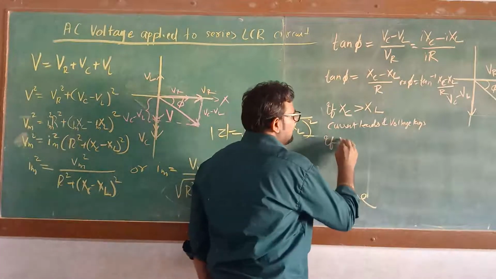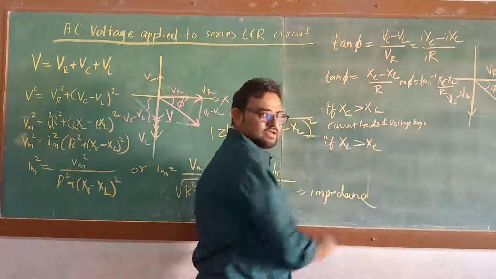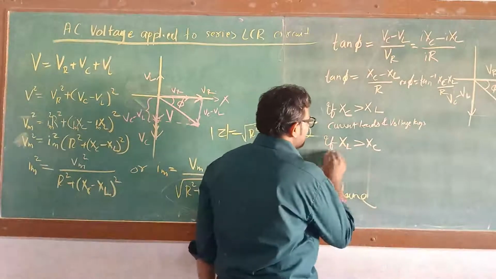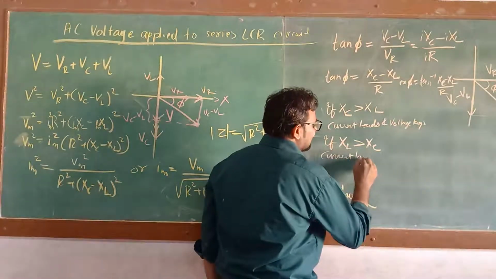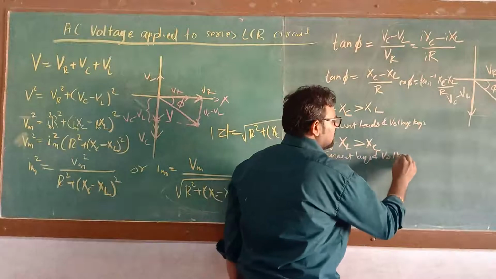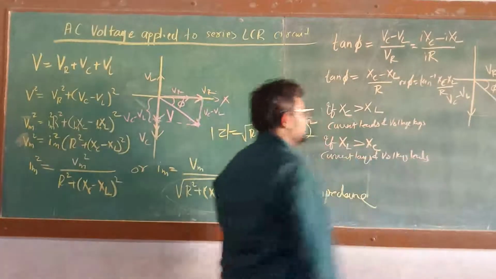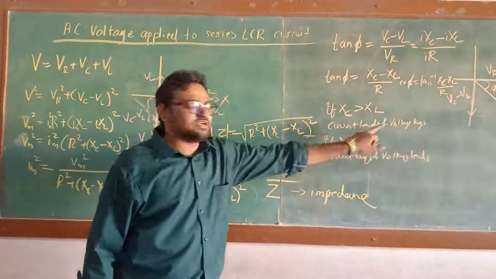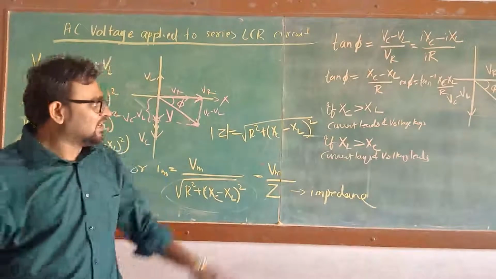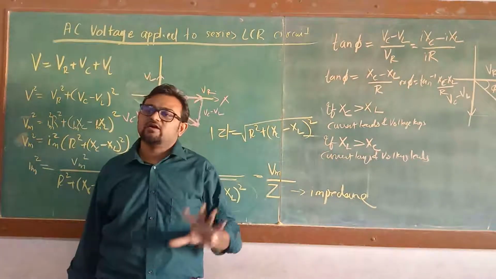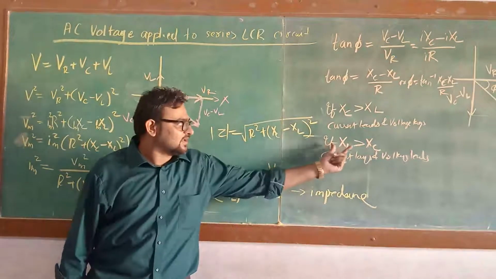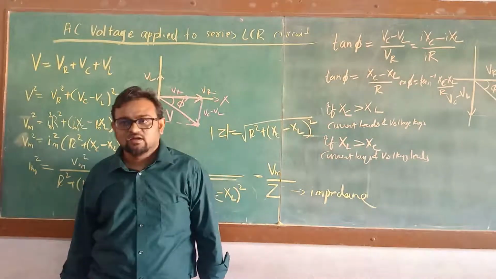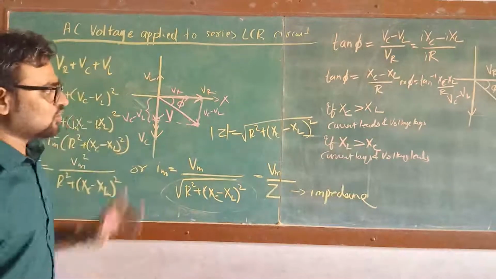And if XL is greater than XC, in that case current lags and voltage leads. If XC is greater, current leads and voltage lags, and if XL is greater, then current lags, because here the dominant part will be inductor, and in the other case the dominant part will be capacitor. Clear?